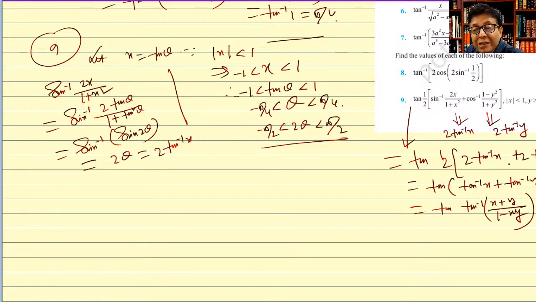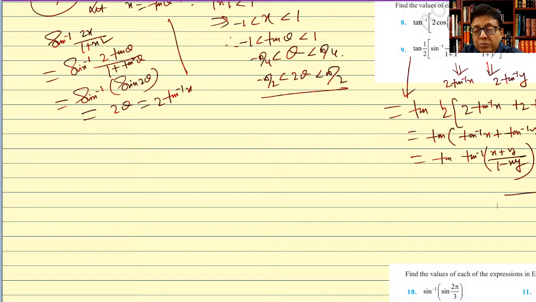Should I write this one as x plus y by 1 minus xy? What's the condition? xy should be less than 1, and they have given the condition. So this will be x plus y by 1 minus xy. This is the answer. Hope you have understood.